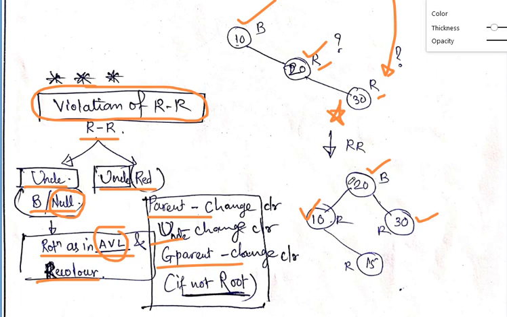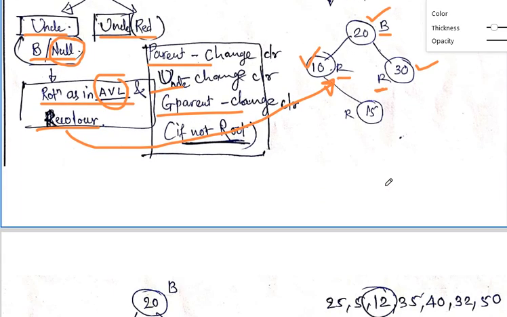Since 20 is now the root, it must always be black. And 30 will be red in color. Once we rotate, we check the condition that these must be red in color.